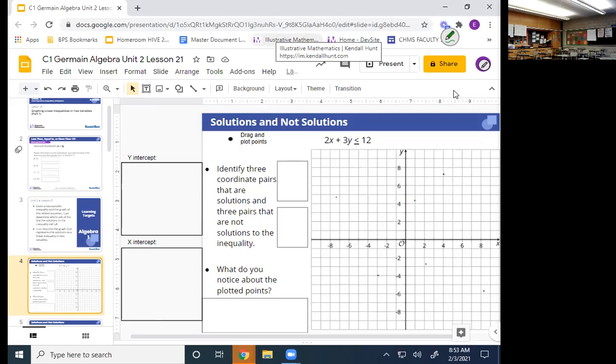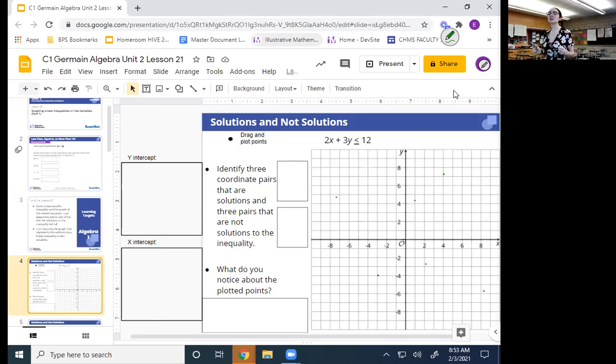Pick 6 points from all over your grid, okay? Then plug them in and determine, are they a solution, yes or no? And then if you're missing some, after you do 6 of them, figure out what you notice and then pick another few points, okay?